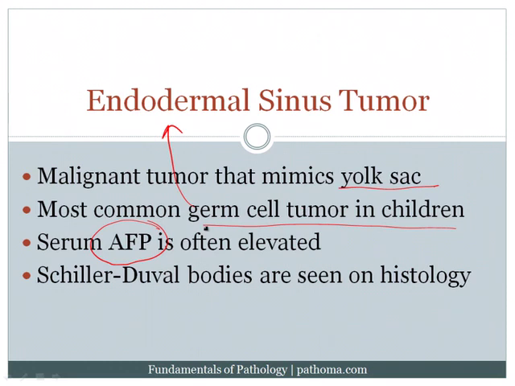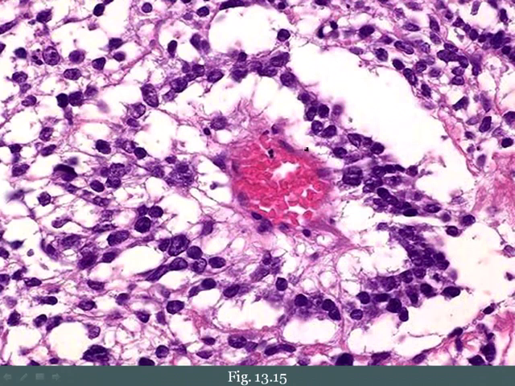And then finally, on histology, we see something called Schiller-Duval bodies. Now, Schiller-Duval bodies are what is classically described as glomeruloid-like structures. So they're almost glomerular-like, from the glomerulus of the kidney. And this is what it looks like. You've got a blood vessel in the center, and then you've sort of got these cells all around that blood vessel that are organizing around it, and then you've got another layer of cells outside of that.